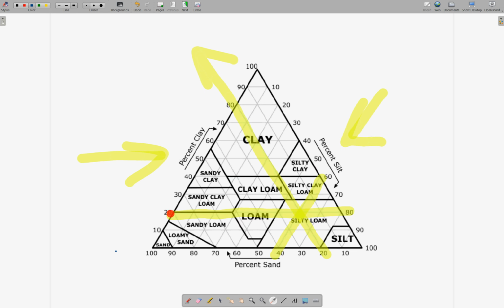For clay, you find the 20% and you go straight across. For silt, they angle downward, so you find 60 and go down. And for sand, they angle upwards, so you go to 20 and go up. Where those three things meet, that is the type of soil. In this case, it would be a silty loam.